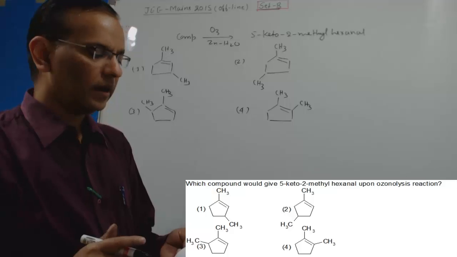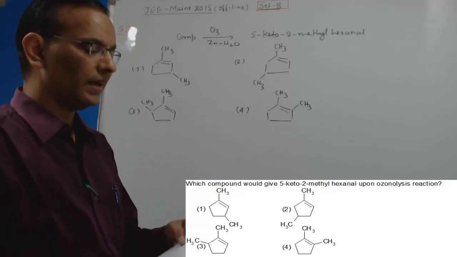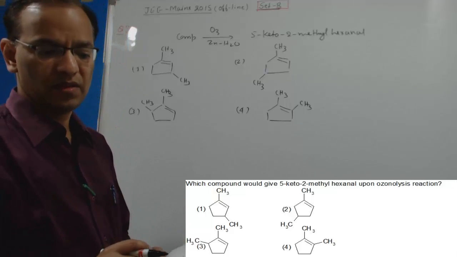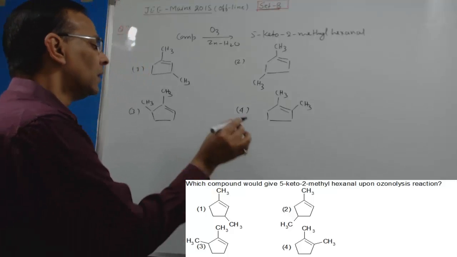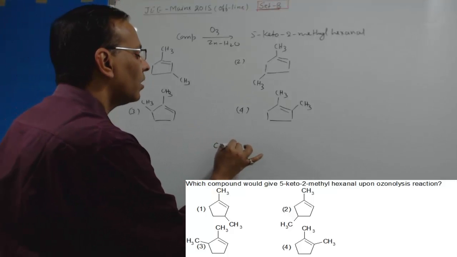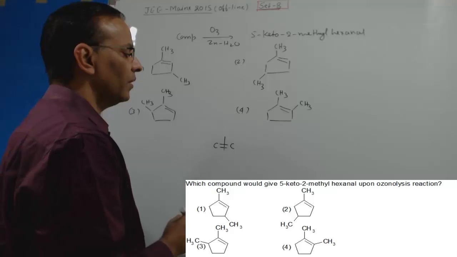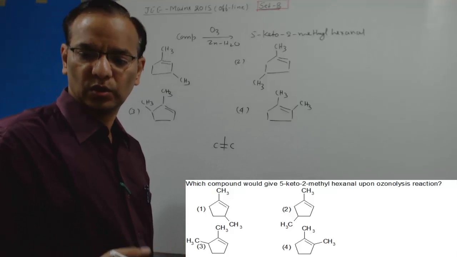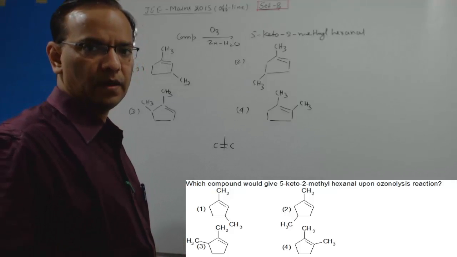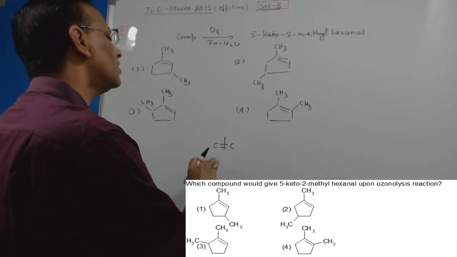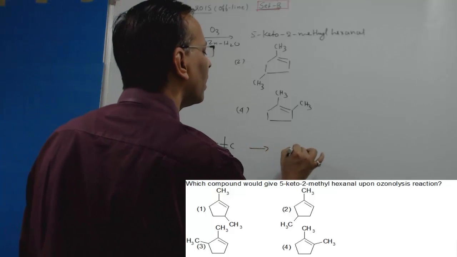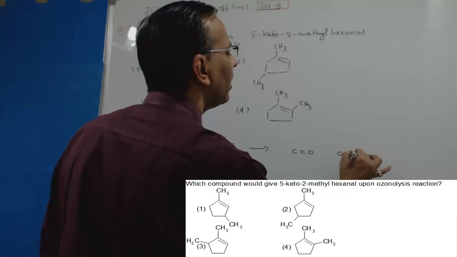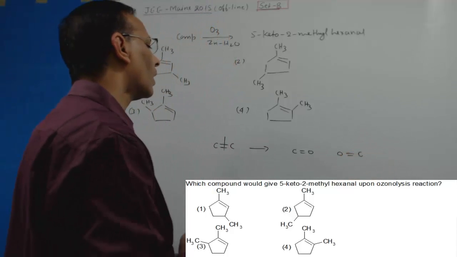As we all know, in reductive ozonolysis, what happens is that the carbon-carbon double bond is cleaved. In reductive ozonolysis followed by zinc hydrolysis, the C=C bond is broken, giving carbonyl on both sides.